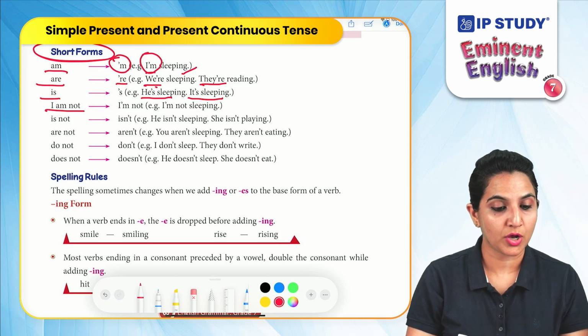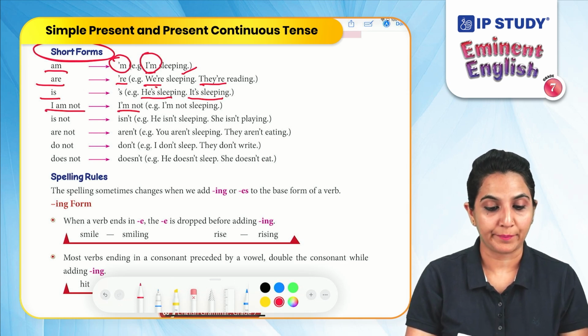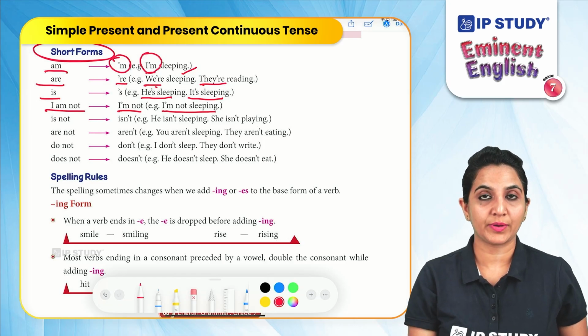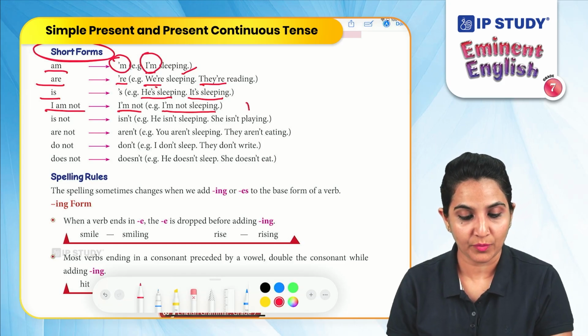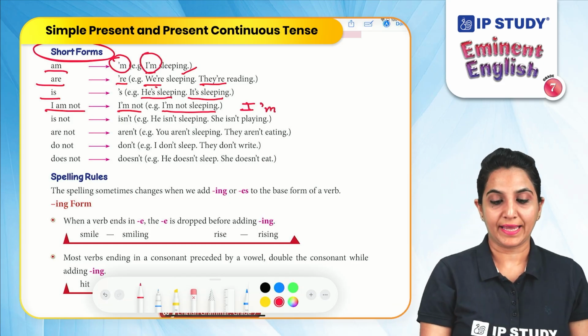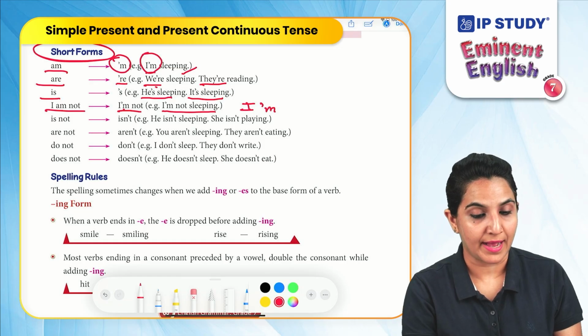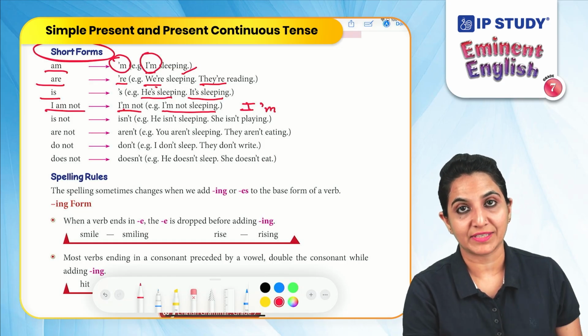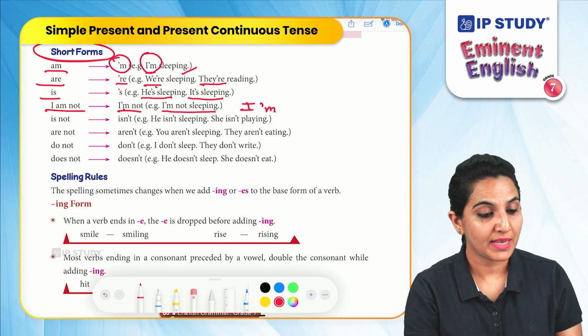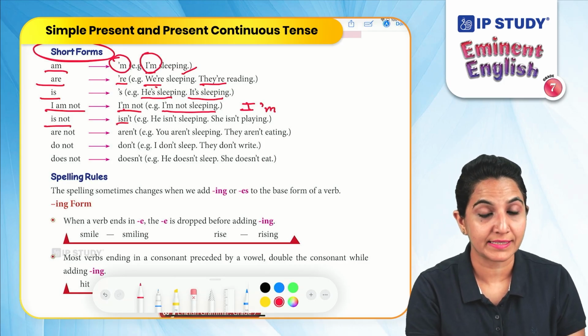With I am not, it becomes I'm not sleeping. Similarly, with negative sentences, you simply add not. Is not becomes isn't.